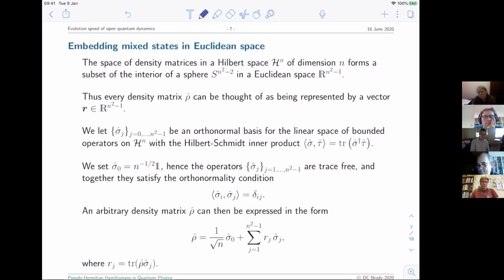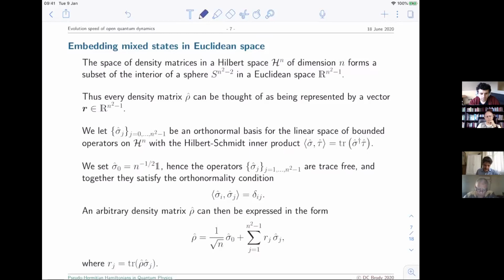And it's also an interior point of a sphere sitting inside that space. Not the whole of the sphere, but part of it. And this idea relies on certain results worked out by the mathematician Hodge back in the 50s.